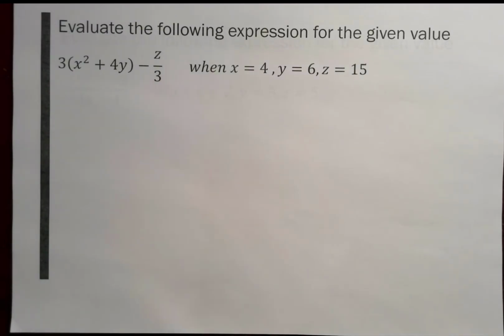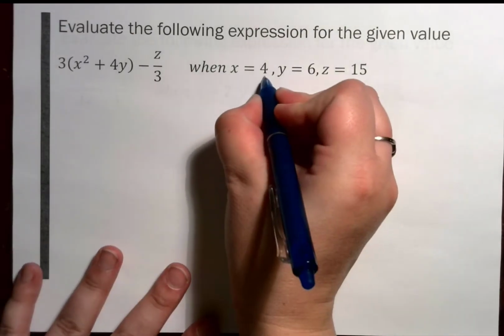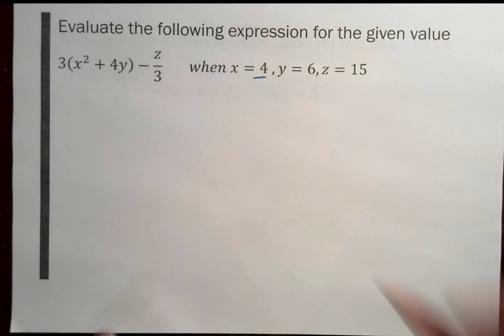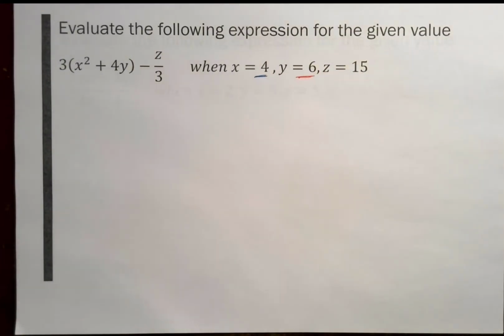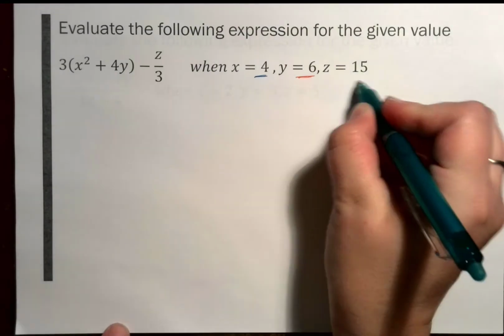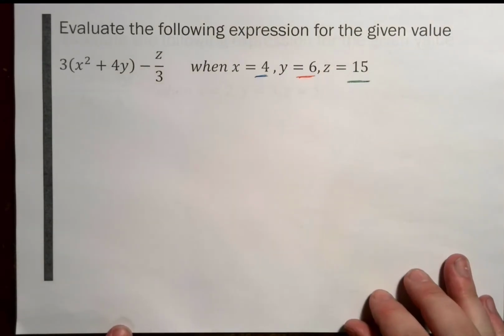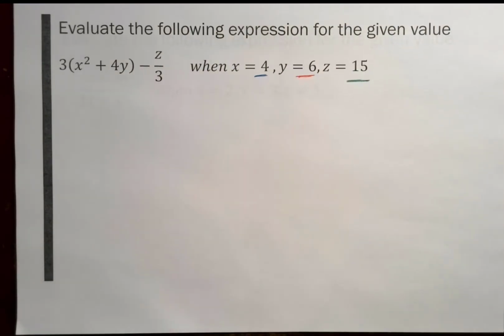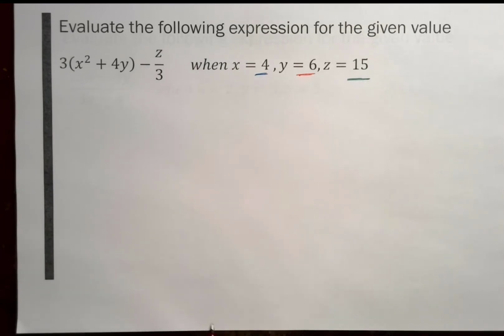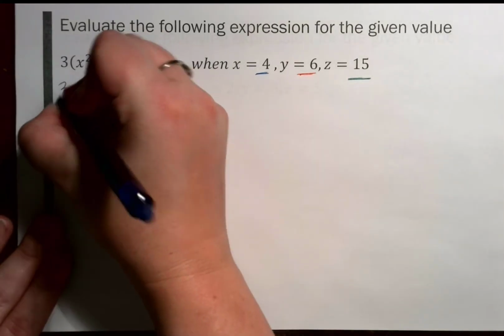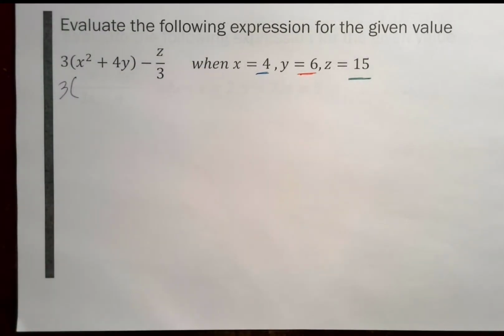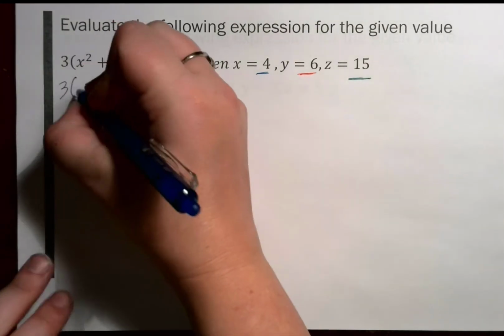All right, this one we have 3 variables to work with. I have my x, my y, and my z. So we're going to plug those into their respective spaces. So we're going to do 3 times, okay, our x is 4.